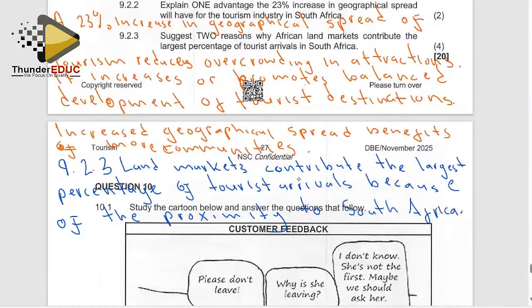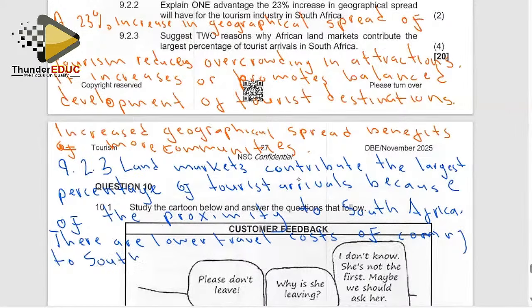So the first thing is geographical proximity. It's easier. Then in addition to that, you can also say that there are lower travel costs of coming to South Africa from the SADC region. Then another factor which you can include as well is relaxed visa requirements.